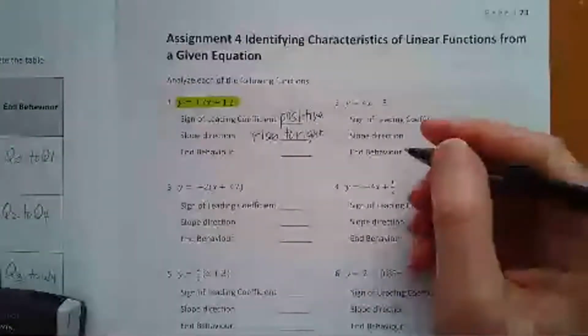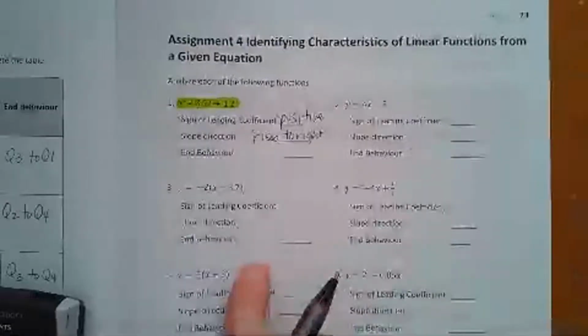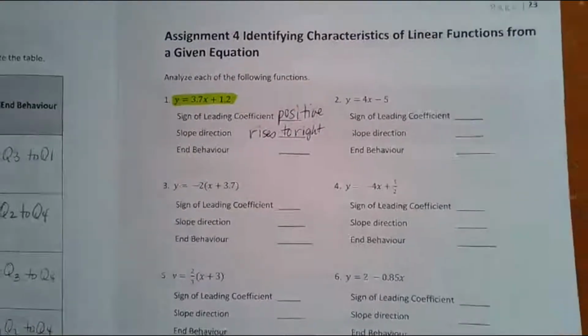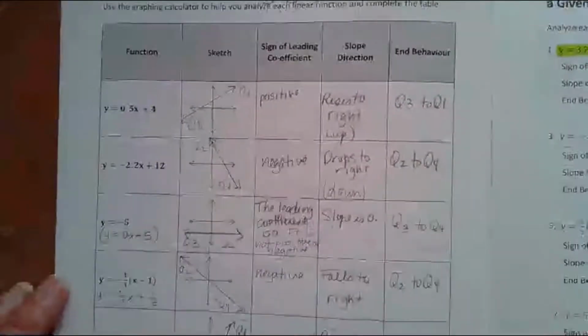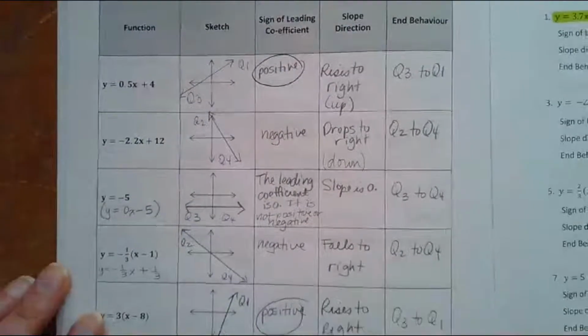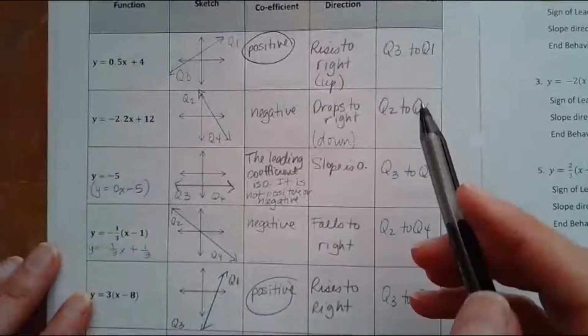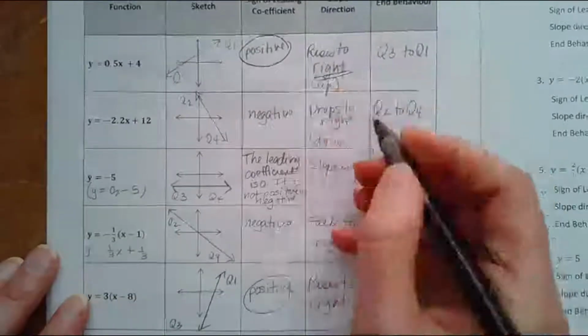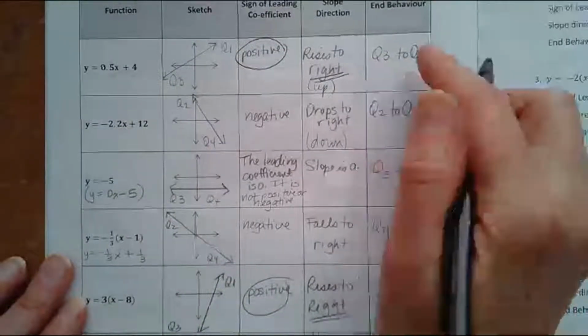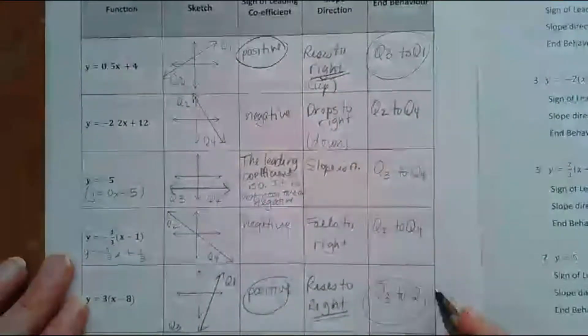End behavior, we learned yesterday, if you were back at yesterday's assignment, anytime I had a positive, circle the 2 positive lines we had. We only had 2 positive lines. They always rise to the right, and they always go from quadrant 3 to quadrant 1, right? They were matching.